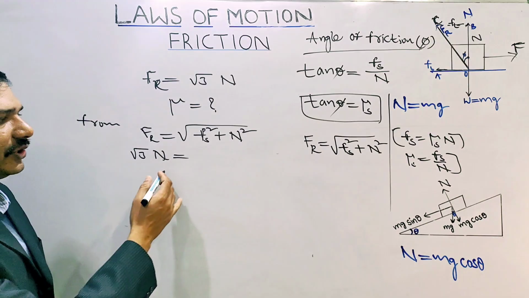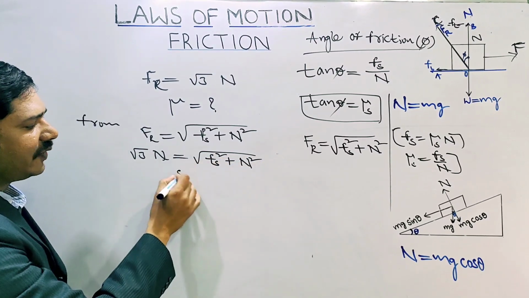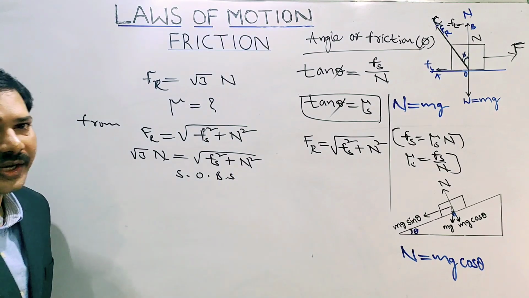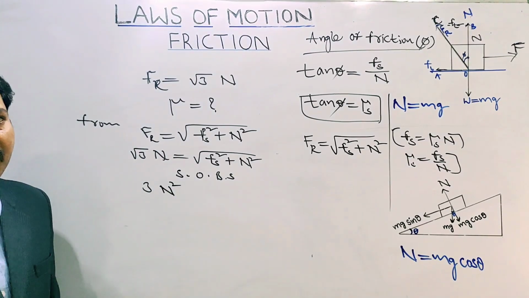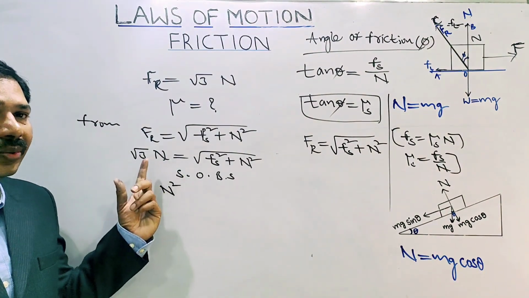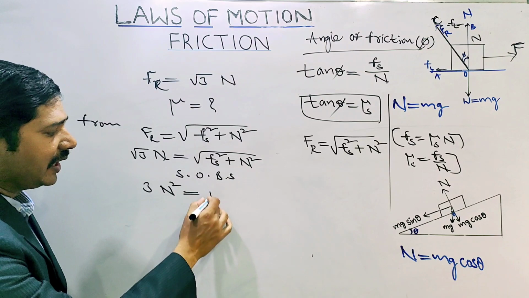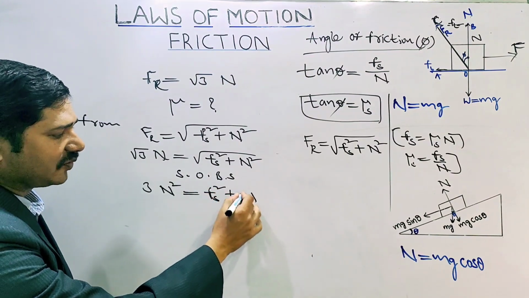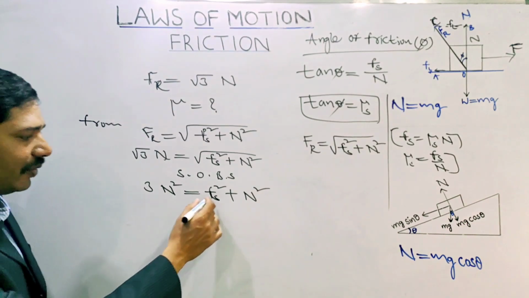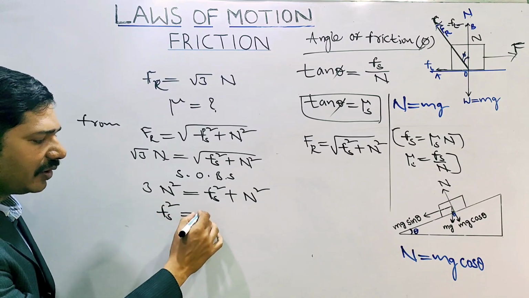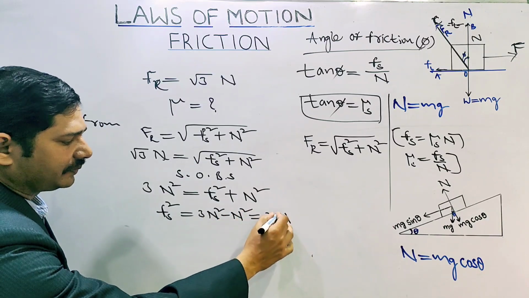Squaring on both sides, root 3 whole square is 3, so 3 N square equals Fs square plus N square, as the square root gets cancelled. Bringing N square to this side, 3N square minus N square is 2N square, so Fs square equals 2N square.